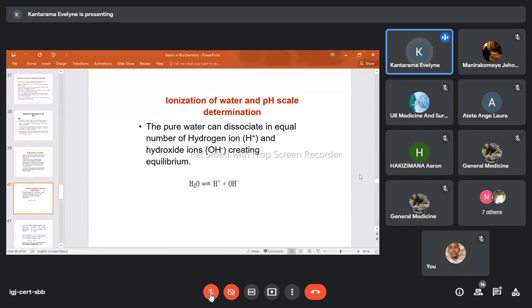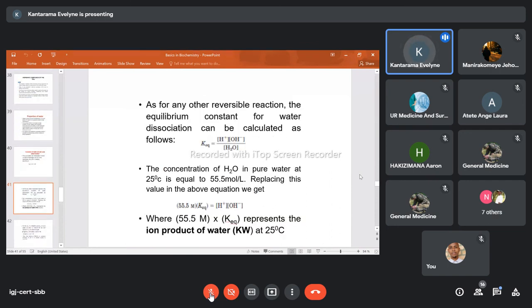The pH scale is defined based on the ionization of water, and how we come up with the formula of this notation, saying that pure water at 25 degrees centigrade is neutral, where we say that pH is neutral.